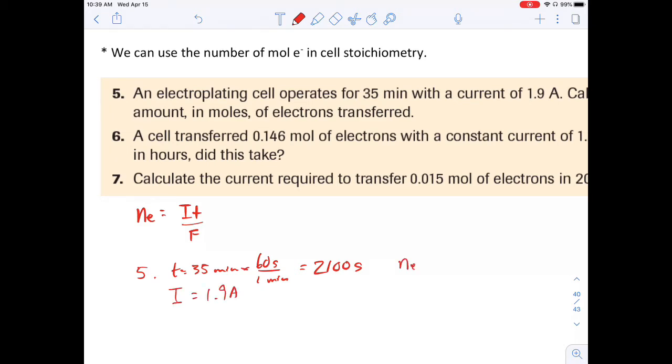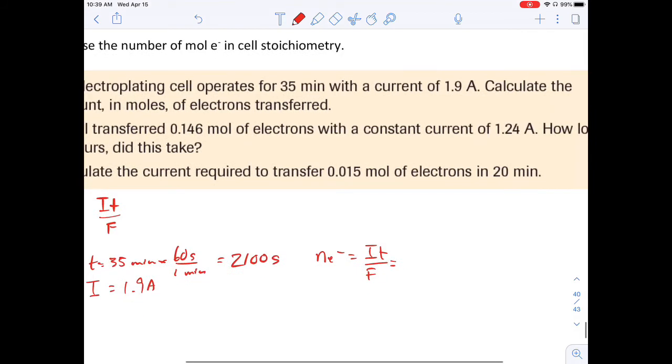So the number of moles of electrons is current times time over Faraday's constant, which is 1.9 amps times 2100 seconds divided by 9.65 times 10 to the 4 coulombs per mole of electrons.